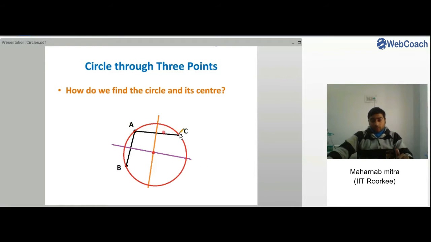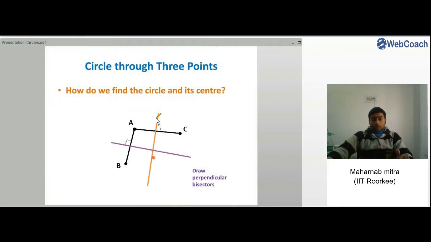Now why do we do it like this? You can see we are drawing the perpendicular bisectors of line segments, right? Now we have learned that the line from the center to the chord, if it is perpendicular to the chord, then it bisects the chord, right? And if we can find the intersection point of two such perpendicular bisectors, it will be the center, right?